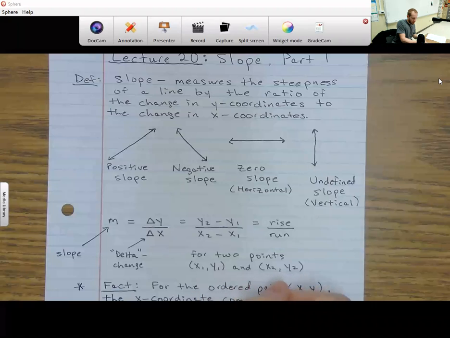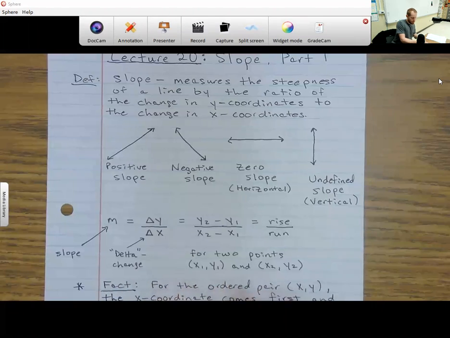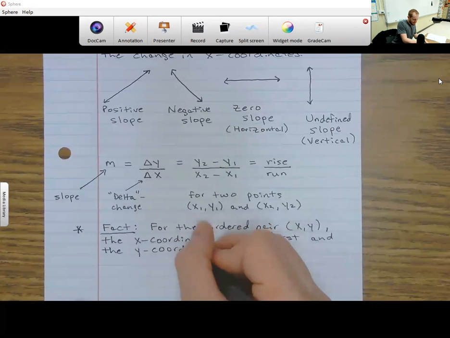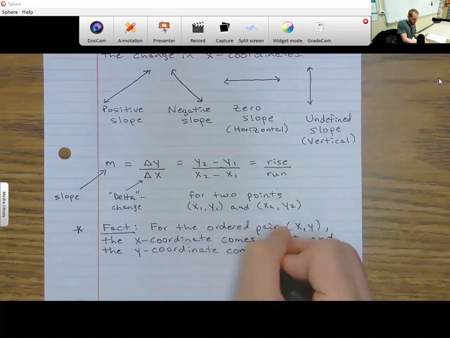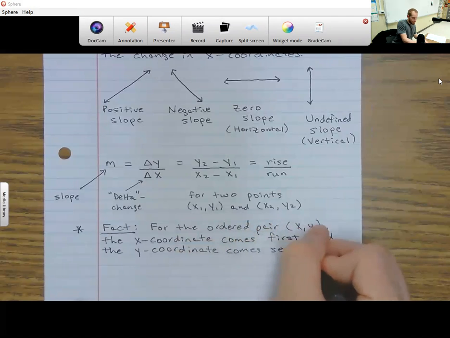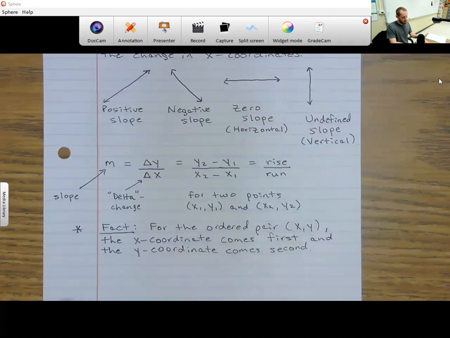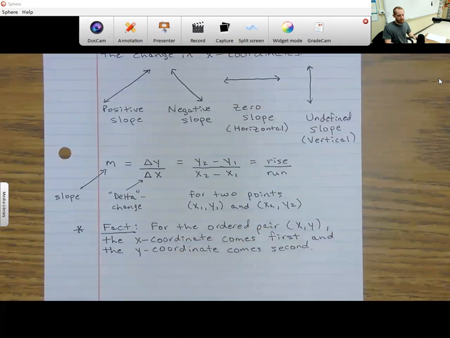And the y coordinate comes second. So it's always going to be x comma y, and it's never going to be the other way around.